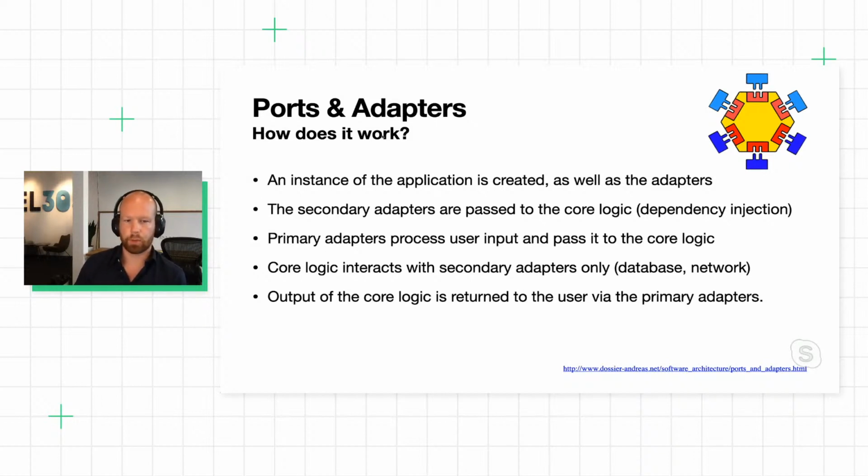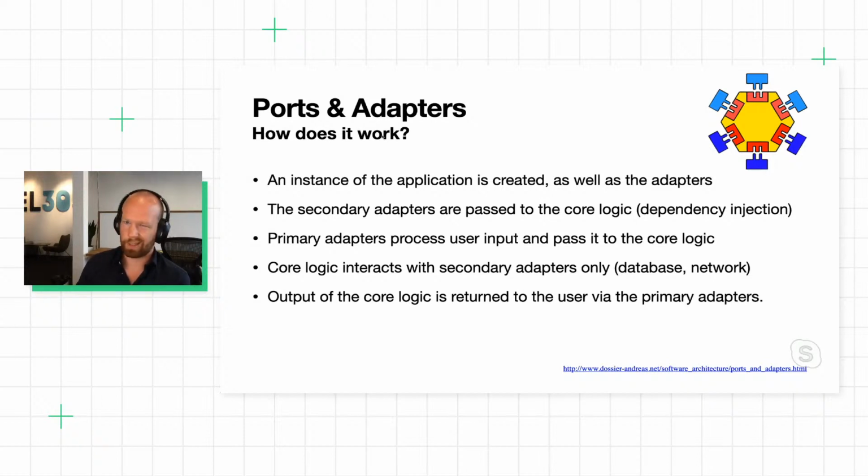When the user does some input, then the primary adapters will call into the primary API of the core logic, and then the core logic will interact only with the secondary adapters it defined to do its job. When everything's done, then the output of this logic is returned back via the primary adapters. We'll have a look into an example later on that shows how this actually works.